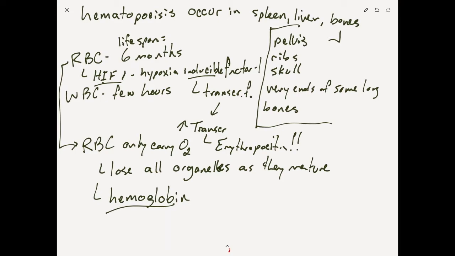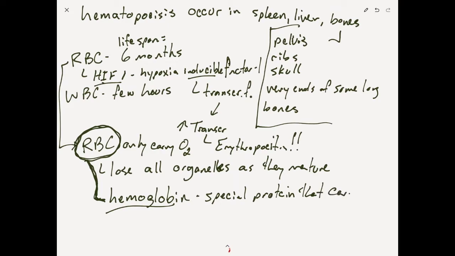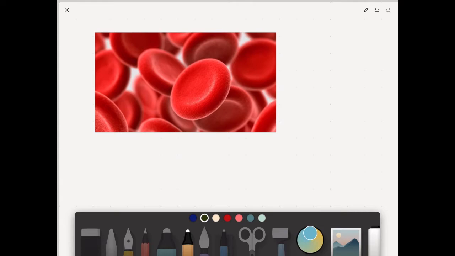So we have blood to carry oxygen, and how blood carries oxygen is via red blood cells, and the only thing that red blood cells have in them is hemoglobin, which is a special protein that carries oxygen. So let's talk a little bit about how hemoglobin can carry oxygen.